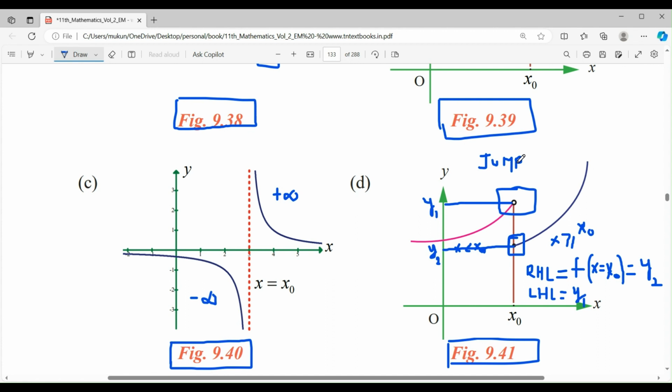And why is it discontinuous from the left? Because my LHL is not equal to f at x equals x naught, but my RHL equals f at x equals x naught, right? So this is another example of a jump discontinuity.